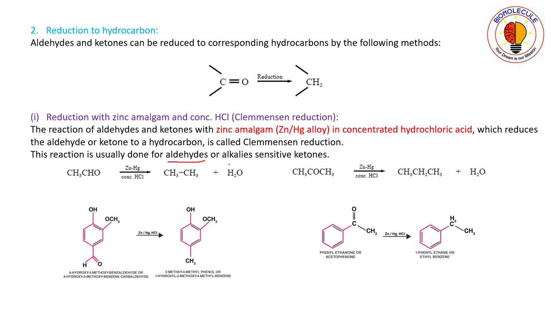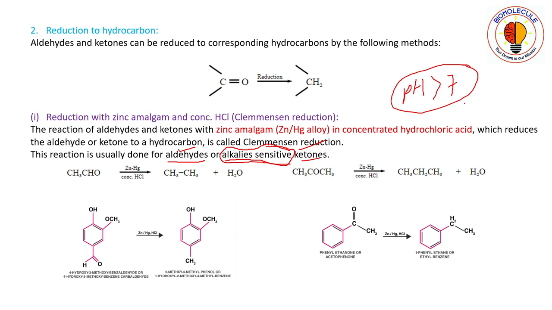And what do you mean by alkali sensitive ketones? So this reaction is for aldehydes and for alkali sensitive ketones. Now alkali sensitive means if in a ketone, or if in a molecule, some groups are there which get destroyed in alkali medium, that is if pH is greater than 7.